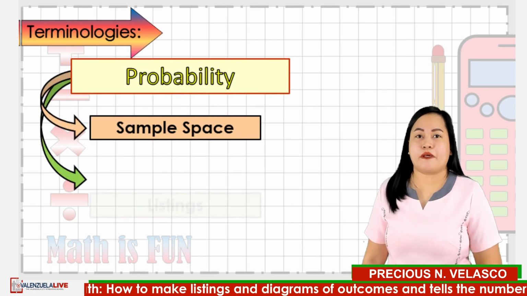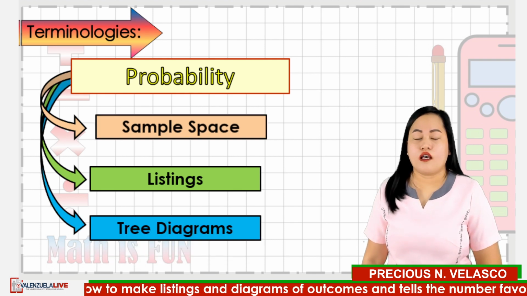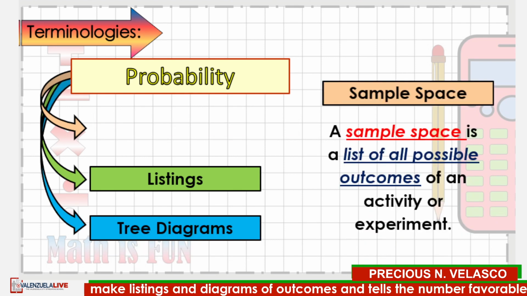A sample space is a list of possible outcomes of an activity or an experiment. Aside from sample space, we are going to learn how to do the listing and also the tree diagram.